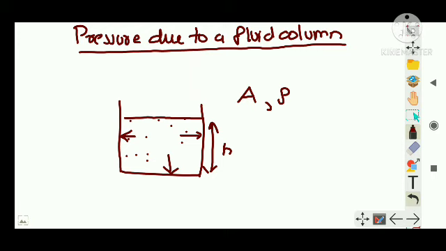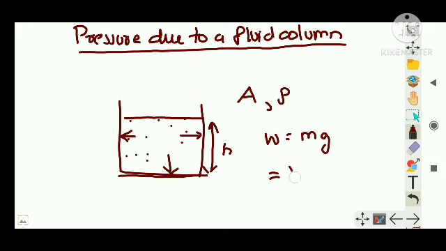Then the weight of the liquid which exerts a force at the bottom is equal to what? It is volume into density into g. That is something you have to know, right? Weight is equal to mg, that is the weight experienced by the bottom of the container.